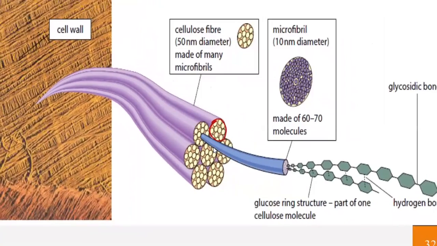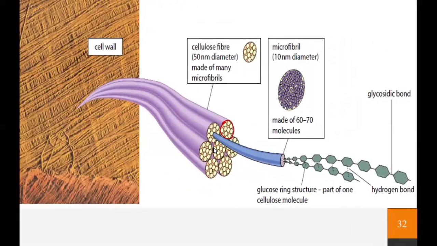Let me go further down. If I pull out one microfibril, I will see that one microfibril is 10 nanometers in diameter, and it is made up of roughly 60 to 70 cellulose molecules, okay, 60 to 70 cellulose molecules.